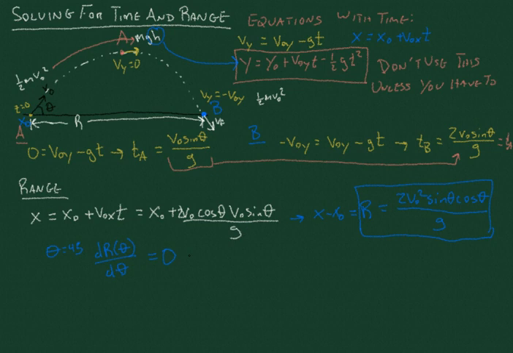And the other piece of useful mathematics to know is you may get to a point where you need to use the fact that sine theta cosine theta is either 2 sine 2 theta or 1/2 sine 2 theta. I can't remember if this is a 1/2 or if it's a 2. It's one or the other, but you can look that up on Google. And then that'll show you why 45 degrees has to be the angle to get the maximum range.